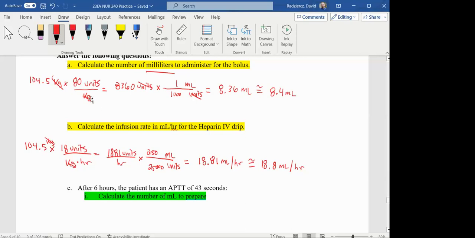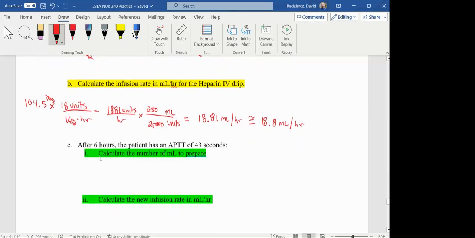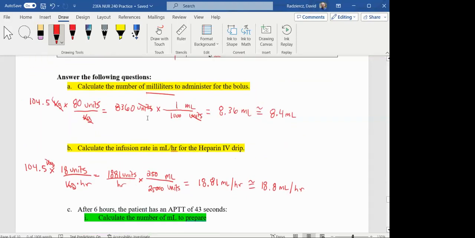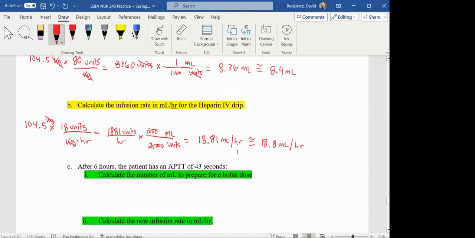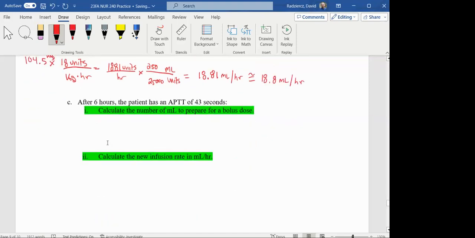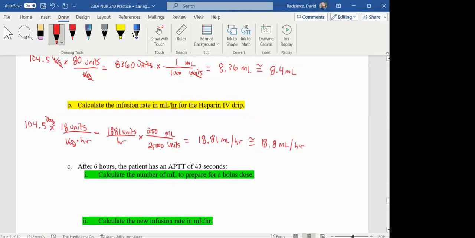On the rare occasion, you might get a part C where it's basically a repeat of calculating the bolus and then a new infusion rate based off of what it says.